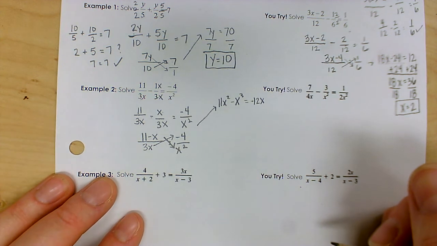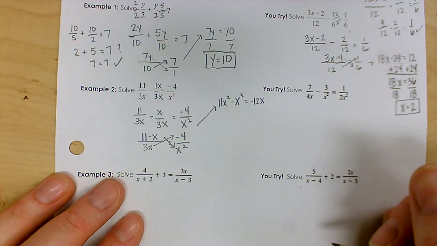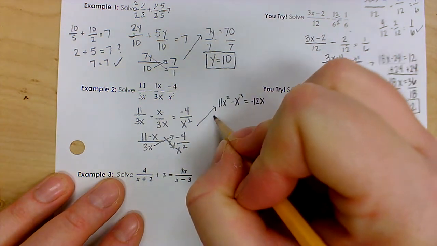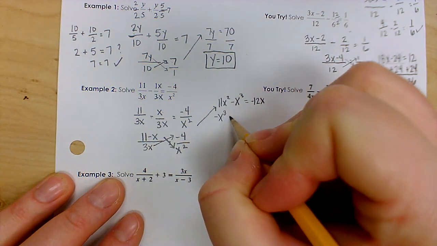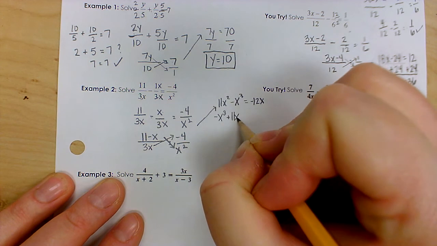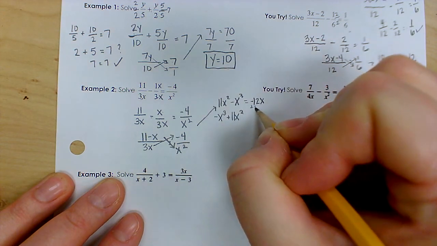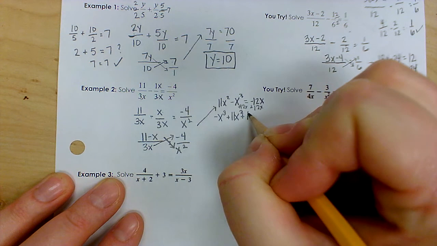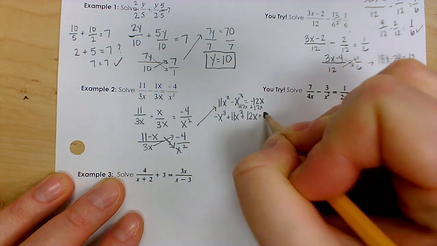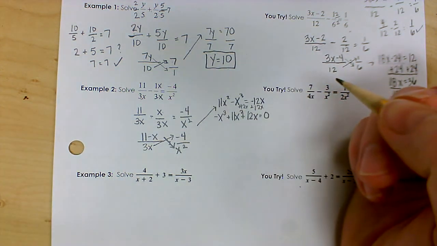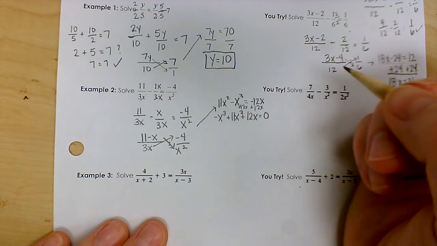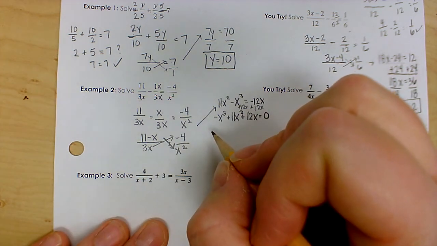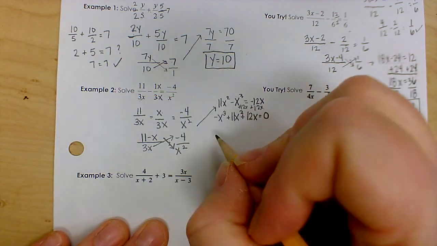So, as always, when you have anything quadratic, you want to get everything on one side and order it properly. So over here we have negative x cubed plus 11x squared, and then we're going to add 12x, plus 12x equals 0. And now we begin to factor. Well, we know that they all have an x in them, so we can take out an x.